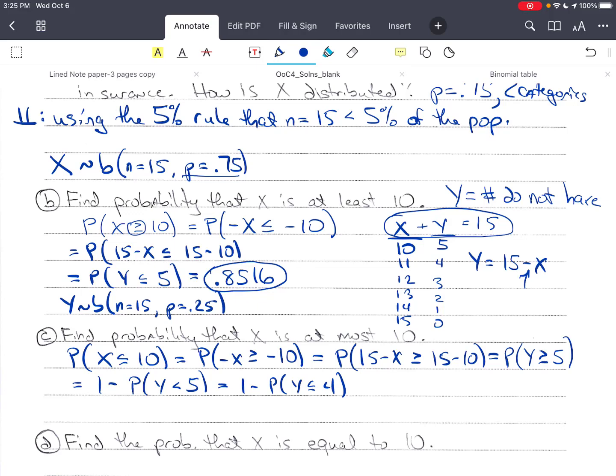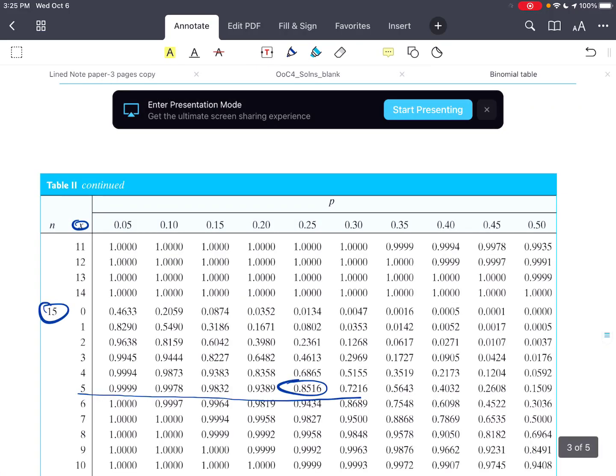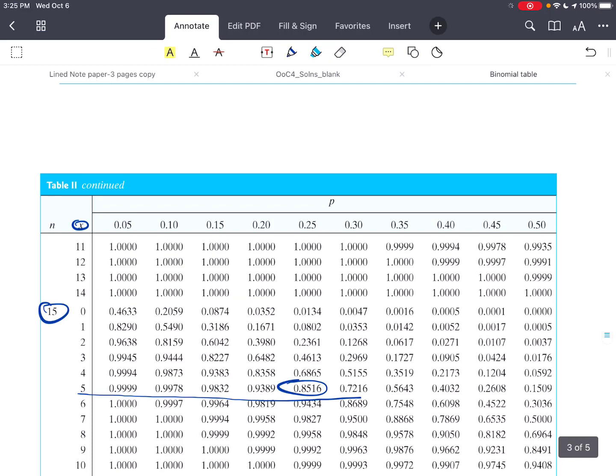The reason that I change this is because the equal to sign, the cumulative, is what the table has. Don't forget to subtract this number from 1. So we have 1 minus. Now let's go look at our table for y equals 4.